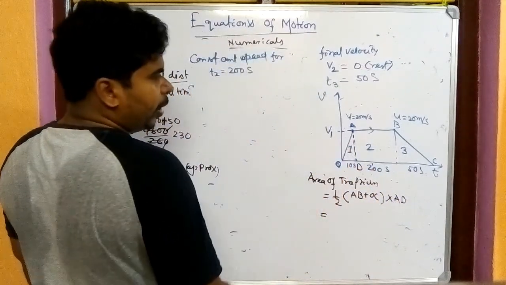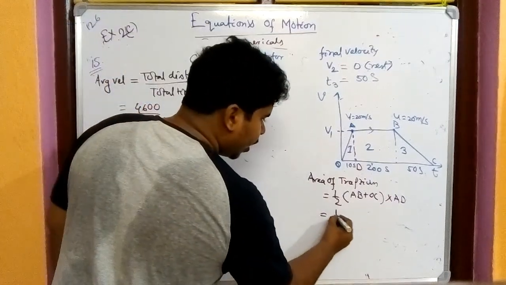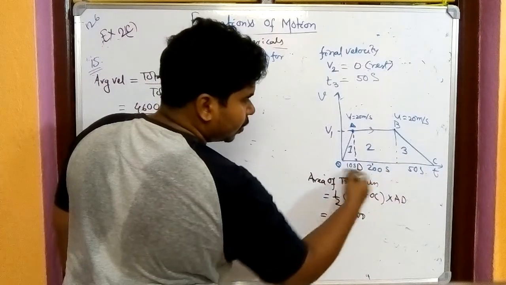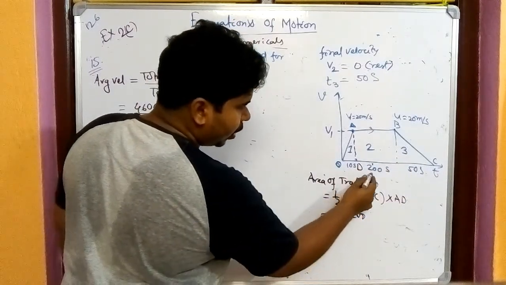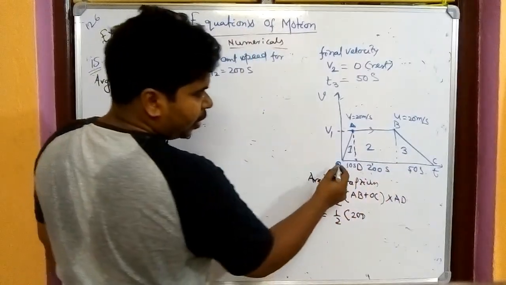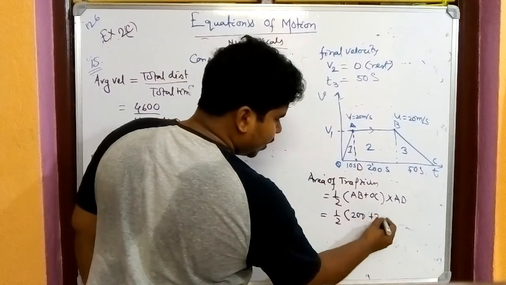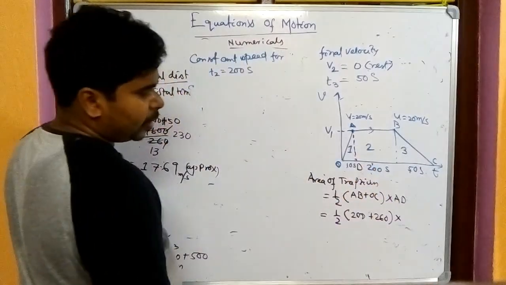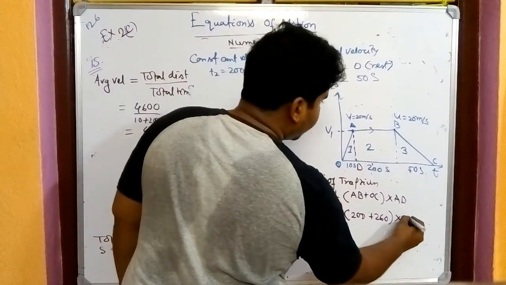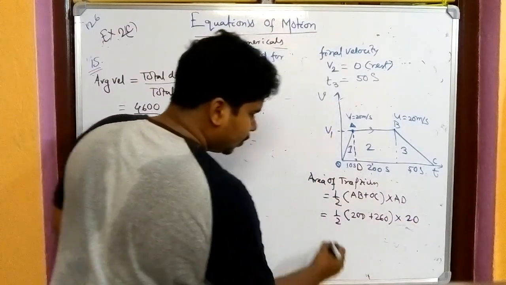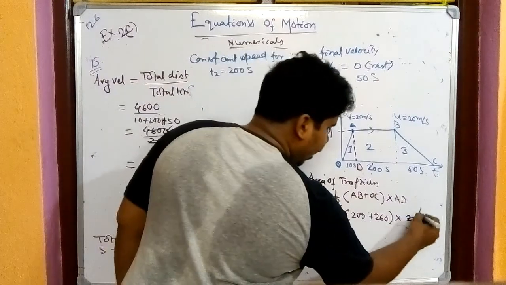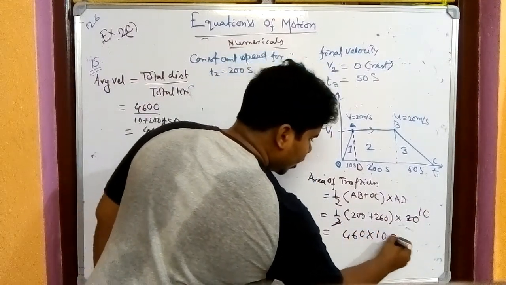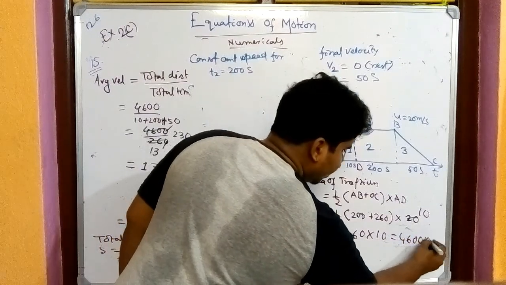What is the value of AB here? AB is 200, and OC is 200 plus 50 plus 10, that is 260, into AD. AD is the height, so it will be the velocity, that is 20, so half of 460 into 10, that is 4600 meter.